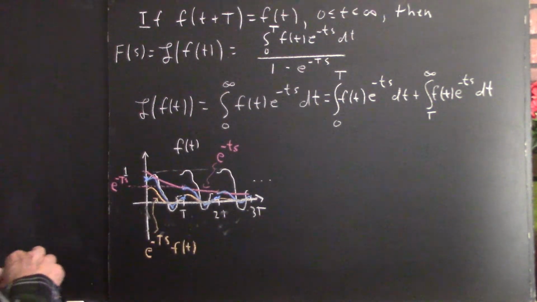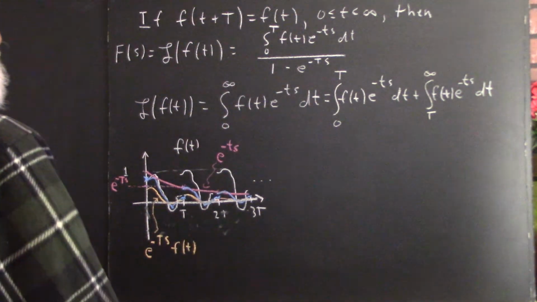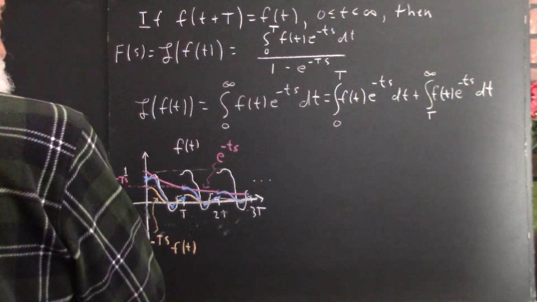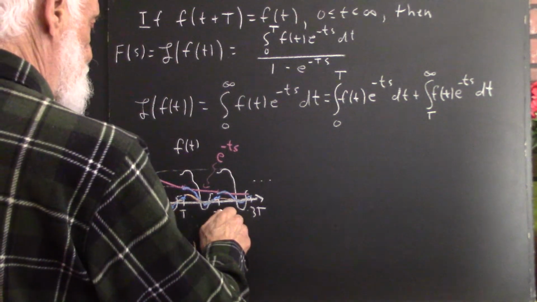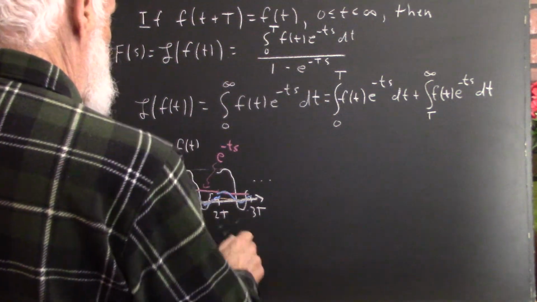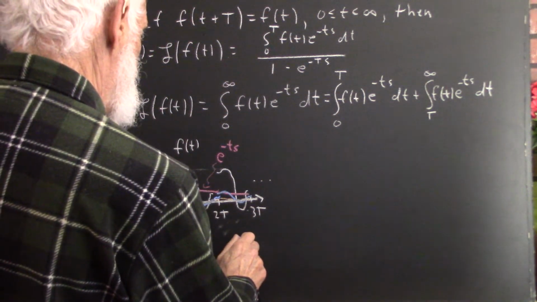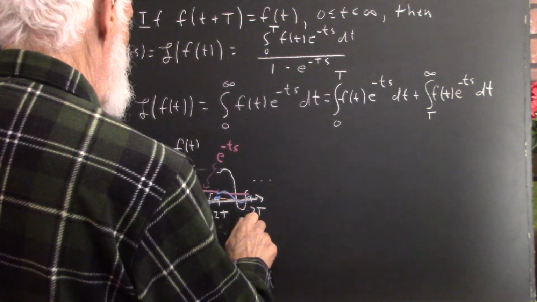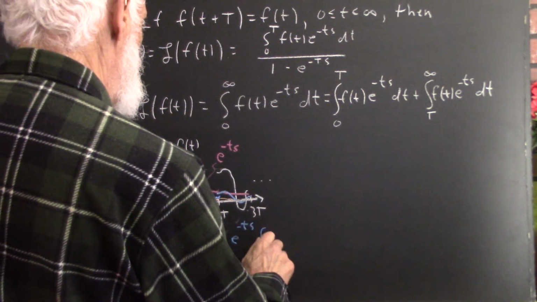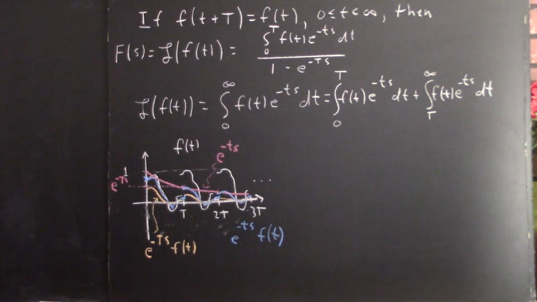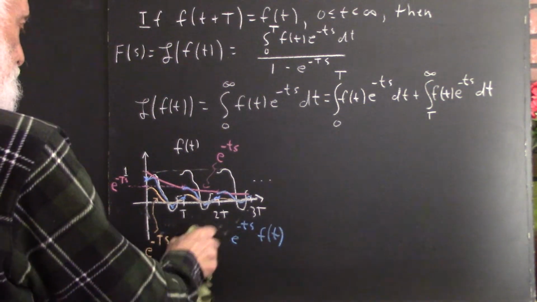So, the blue graph, and I've kind of messed up my picture here, smudging it with my fingers as I attempted to sketch the graph, but anyhow, the blue graph is the graph of e to the negative little ts f of t. I left something out here.